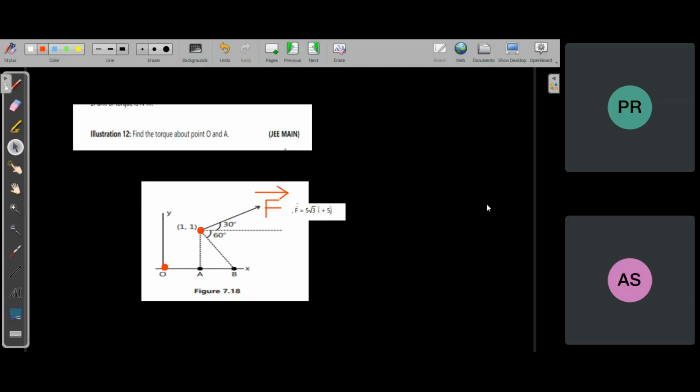This is the force vector that you have to use here.